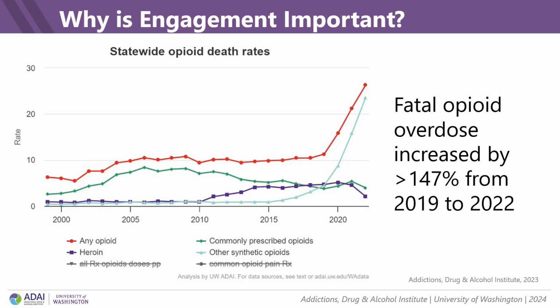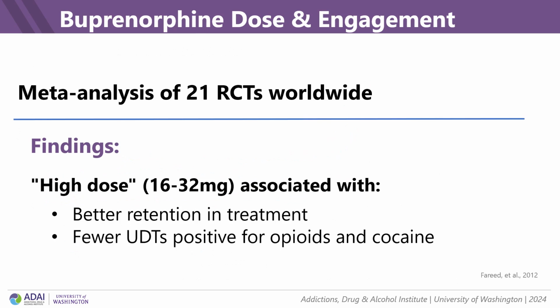And again, we know from the evidence that medications for opioid use disorder reduce the risk of overdose, and this is particularly important given the high levels of fentanyl that are present in the drug supply. Later in this video, we'll talk about how interpersonal interactions impact engagement. But it's also important to note here that medication dose plays an important role in engagement.